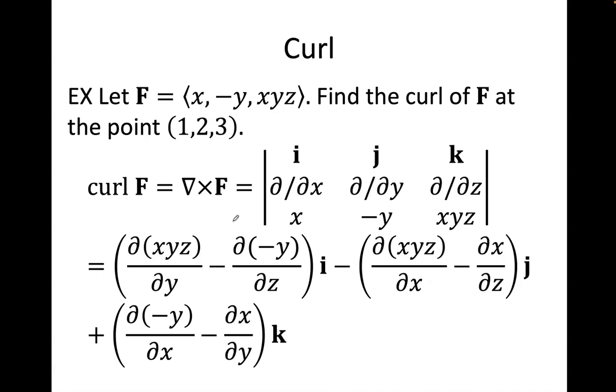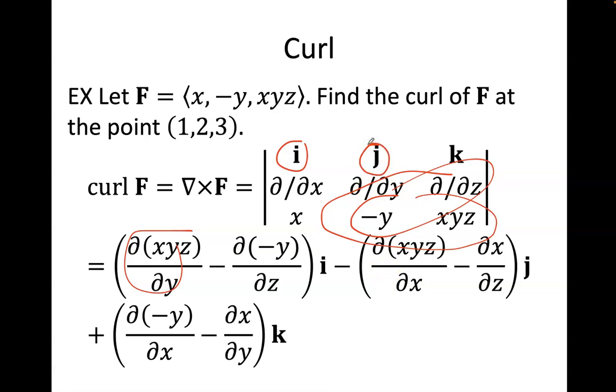Curl of f, del cross f, is going to look like this. Let's calculate this determinant. It's going to be i times this determinant: the partial derivative with respect to y of xyz, minus the partial derivative of negative y with respect to z, times i. Minus j times this determinant: the partial derivative of xyz with respect to x minus the partial derivative of x with respect to z, that's times j.